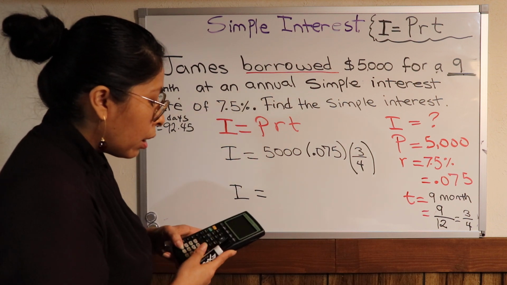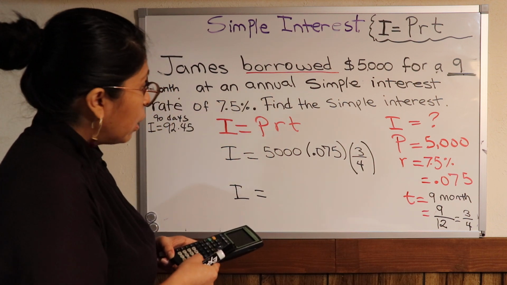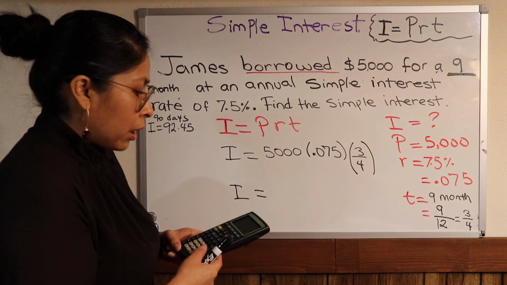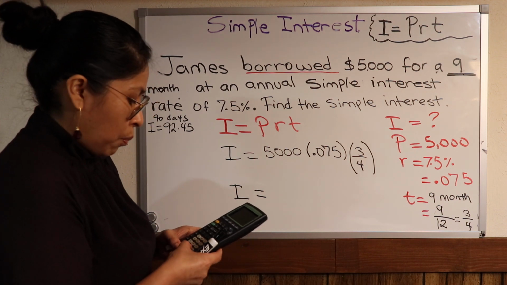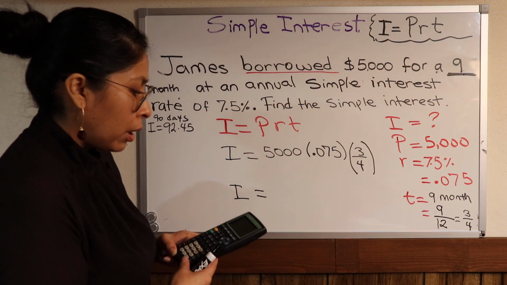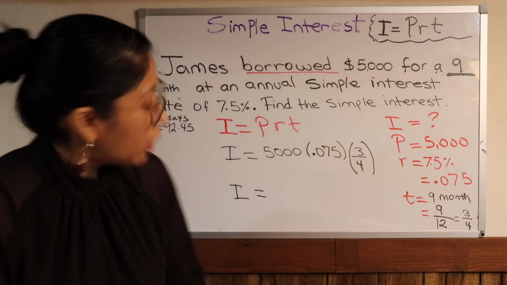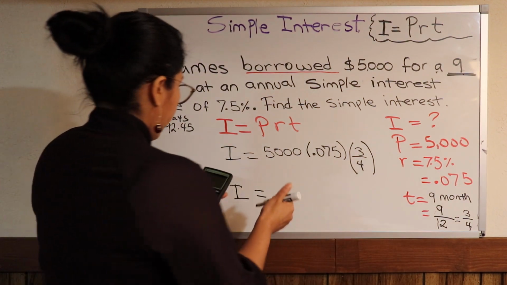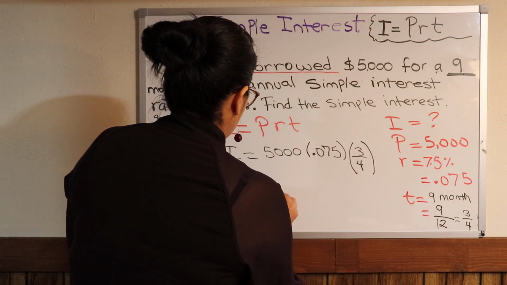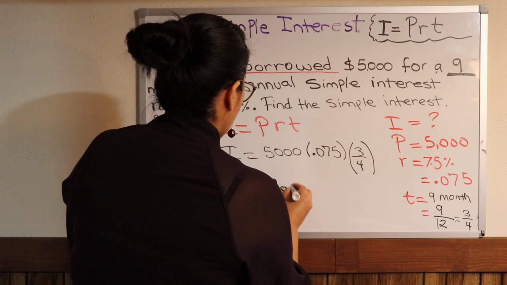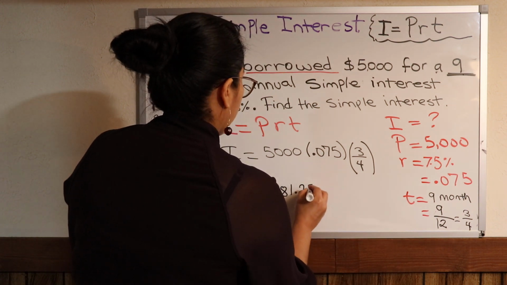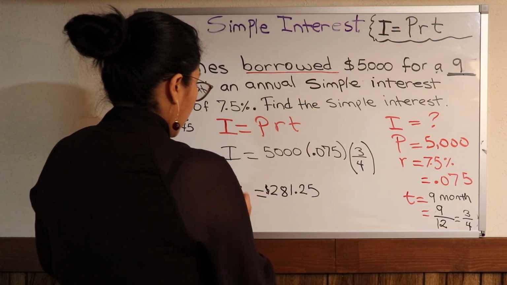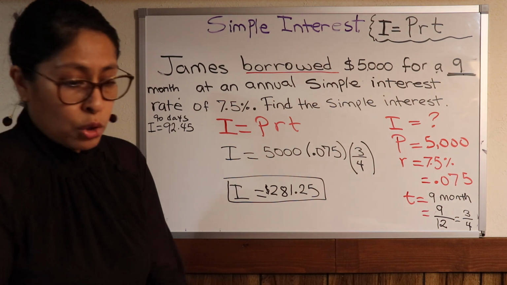We're going to multiply 5,000 times 0.075 times 0.75, and in this case I'm getting $281.25.